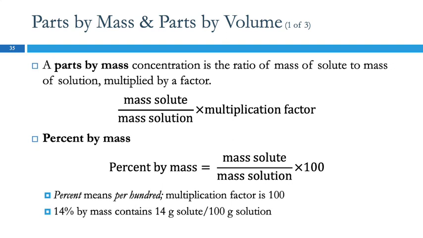Parts by mass, there's a bunch of these. So parts by mass, we're talking about the mass of the solute divided by the mass of the solution. So if this is percent, it's the mass of solute divided by the mass of solution times 100. And percent is always the part that you're interested in divided by the whole thing, times 100.